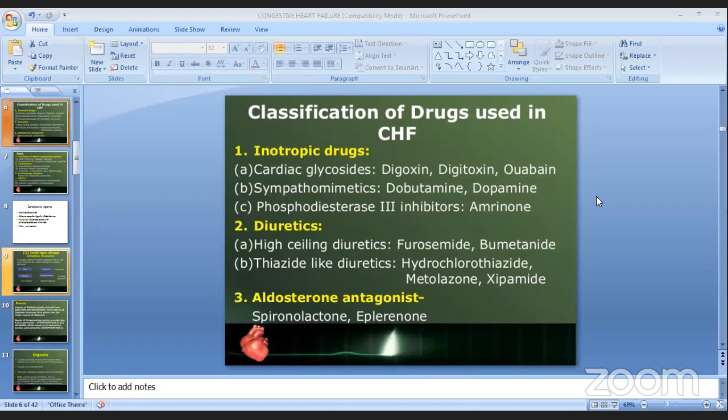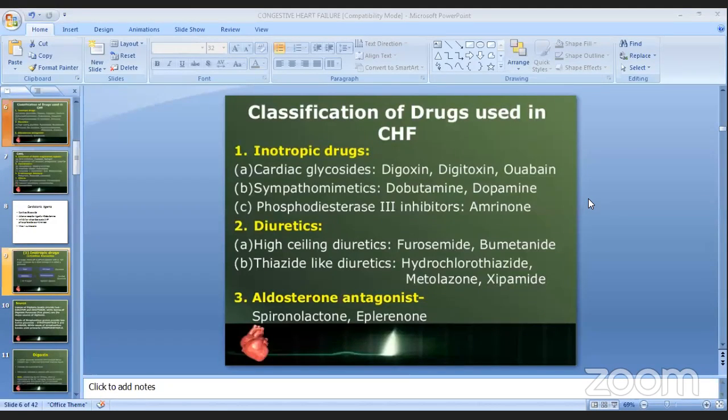The next category of drug is phosphodiesterase inhibitors, such as amrinone and milrinone. These interfere with the cyclic AMP process.